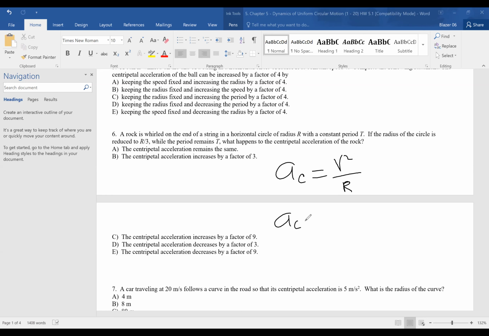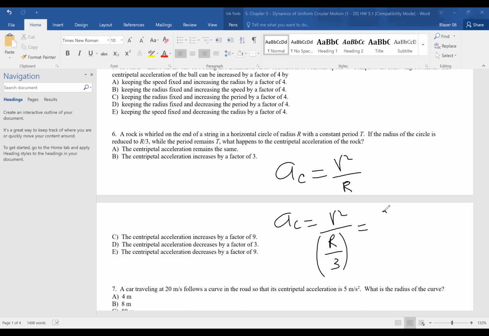A sub c, we know is V squared over R, but now R is reduced to R by 3. Okay, but in the denominator of the denominator, we know that that term moves to the numerator.